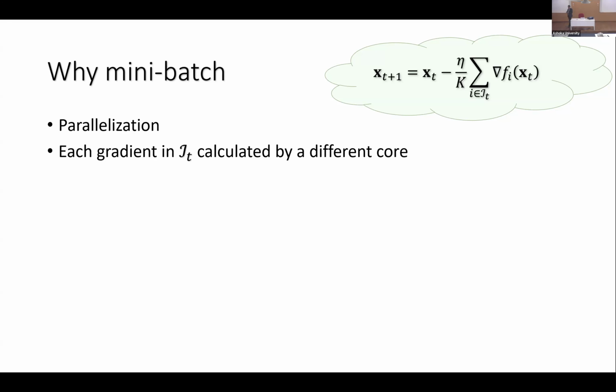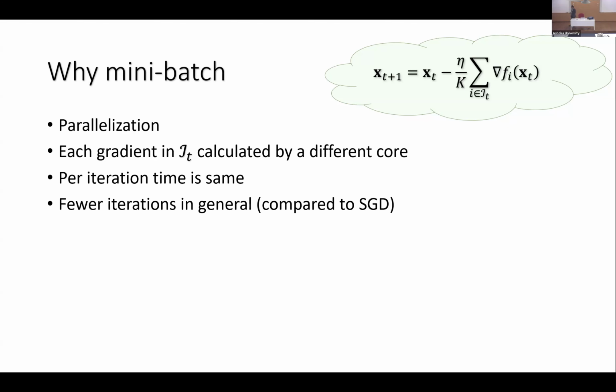That's something that you can tune yourself, this K value, to get the best performance. Essentially, the mini batch would take fewer iterations in general, right?